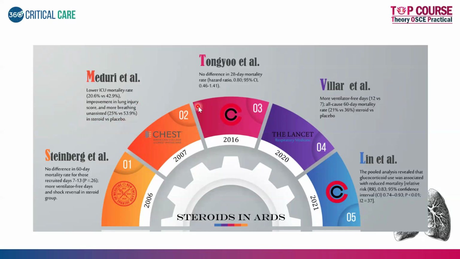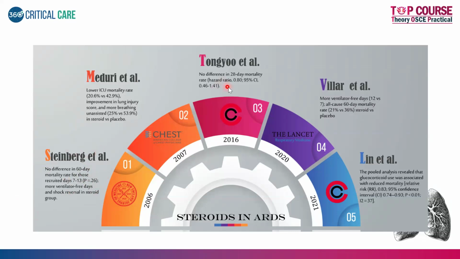This actually was offset by multiple trials later on. Earlier, prior to Meduri et al., there was Steinberg et al., published in NEJM a year before. Only thing is they found that if the patient was having ARDS associated with shock, there might be benefit, but with just ARDS, there was no benefit at all.